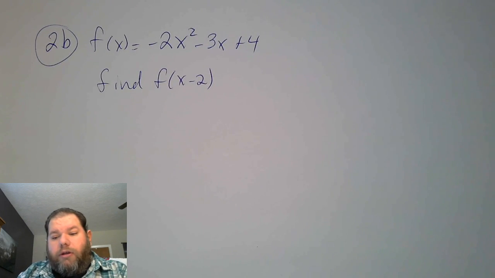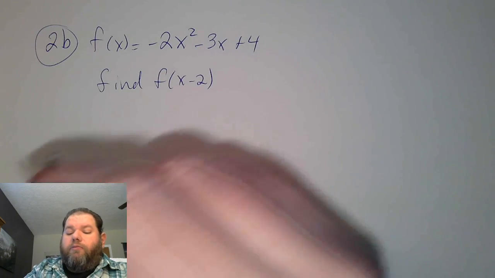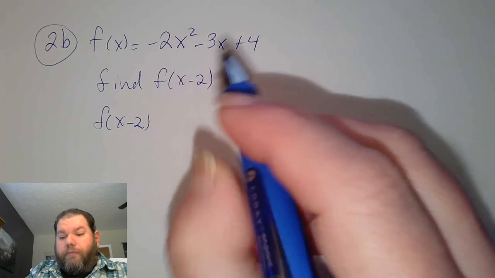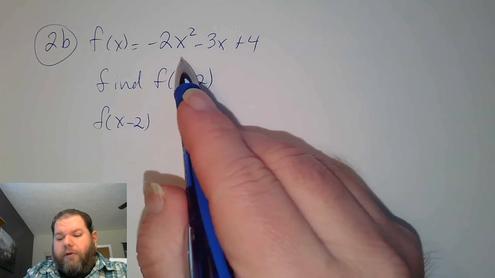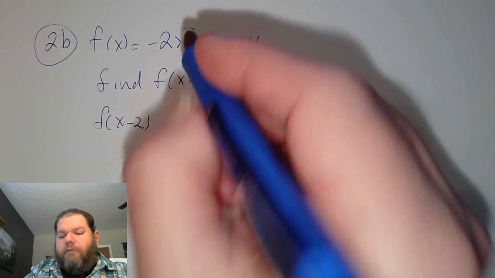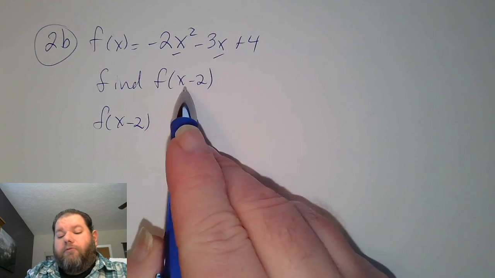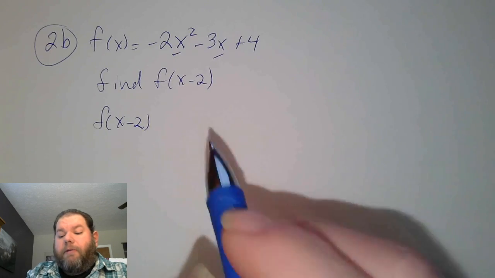So we're given a function, f of x equals negative 2x squared minus 3x plus 4. And we want to find f of x minus 2. So that means that if we plug that in, everywhere that x appears, which is here and here, both of those x's will be replaced with this binomial x minus 2.